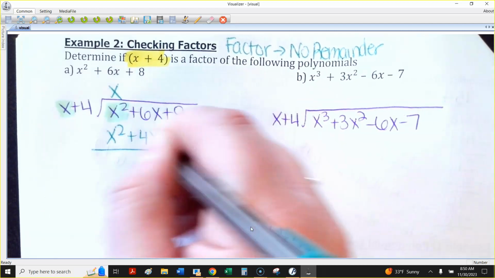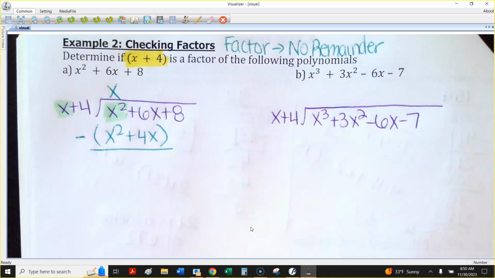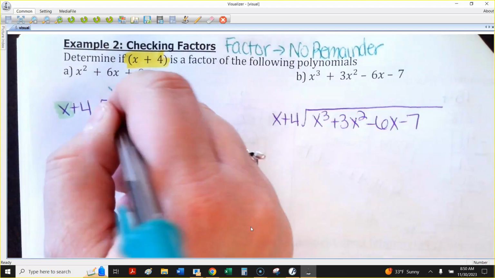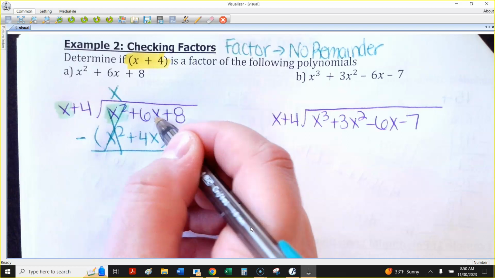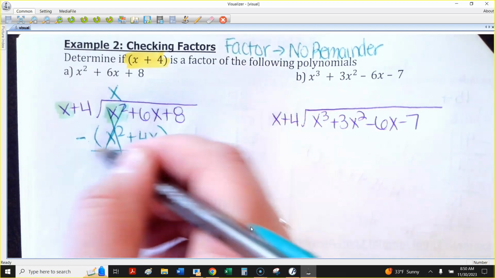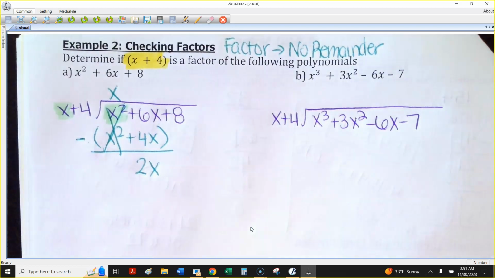And then once you set that up, you've got to subtract both of those guys from what you had underneath the division sign. So x squared minus x squared, gone. That's 0. 6 minus a positive 4 is really just 6 minus 4. So this is 2x when I subtract that.